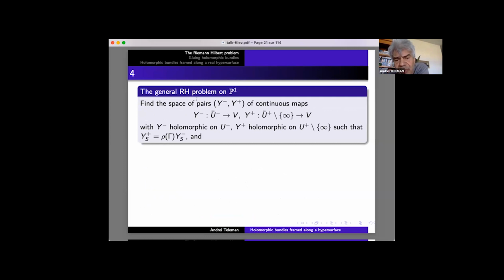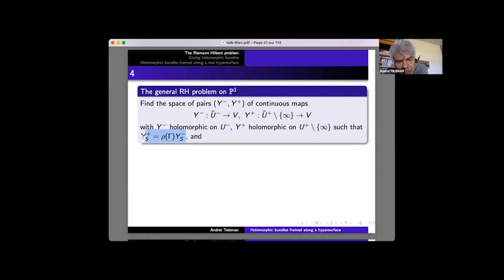Again, continuous maps on the closed disk. Of course, on the plus side, we don't have continuity at infinity because there we have a pole. But we ask y minus again to be holomorphic on u minus, y plus to be holomorphic on u plus minus the point at infinity.